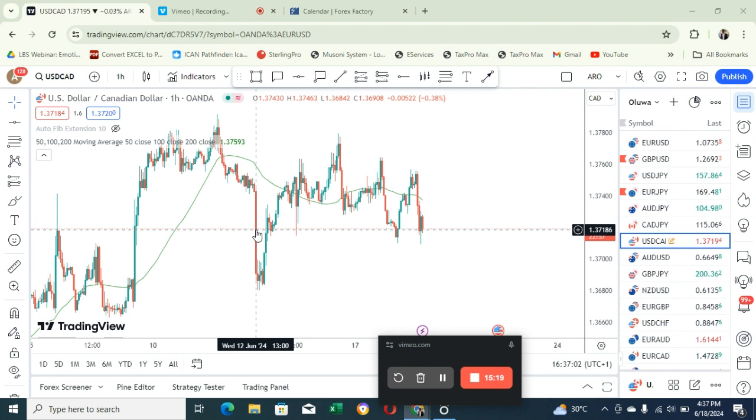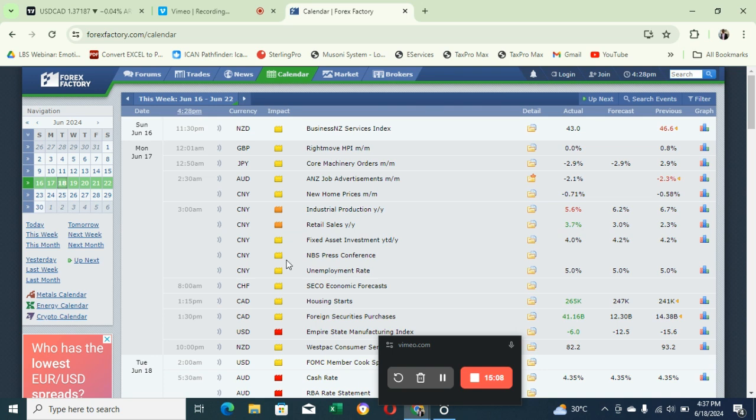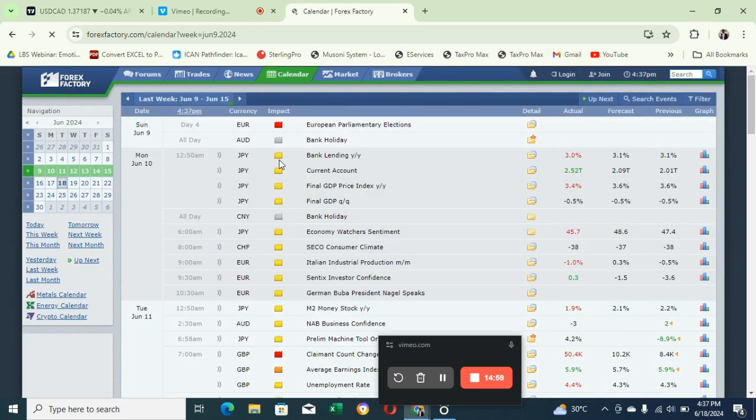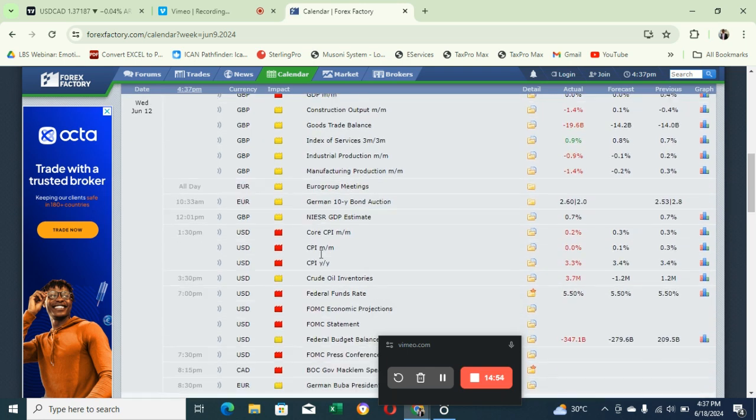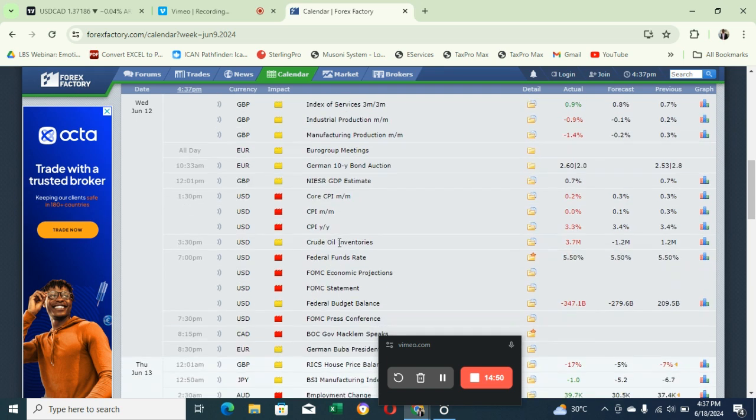Let's go and check on the 12th of June, 1:30 p.m. So let's check so that we round it up from here. Let's check the news that came up on the 12th, 1:30 p.m. At this 1:30, you can see there is high impact news.